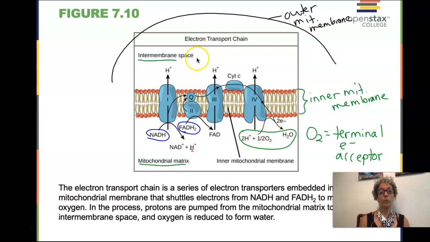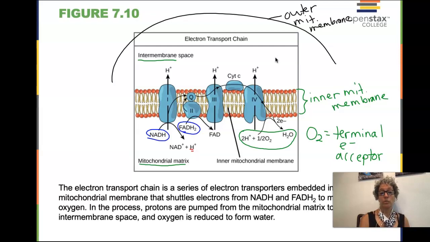We do end up with an excess of hydrogen ions, of protons in this intermembrane space. That does a few things. We have potential electrochemical energy now. We can't just move those protons by simple diffusion because they are charged. Charged particles do not freely cross membranes.